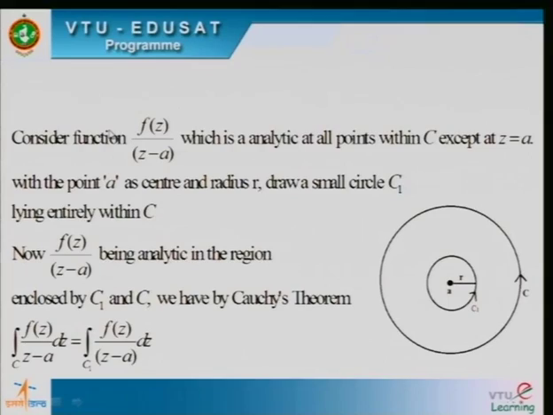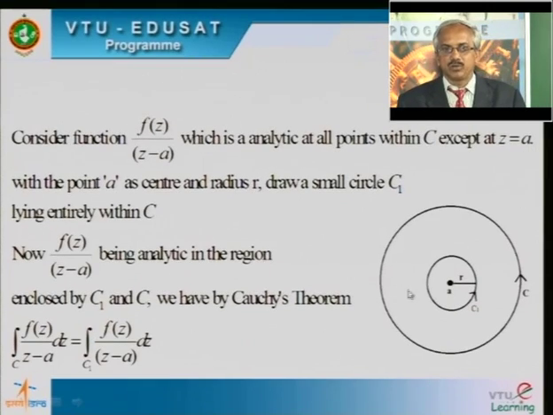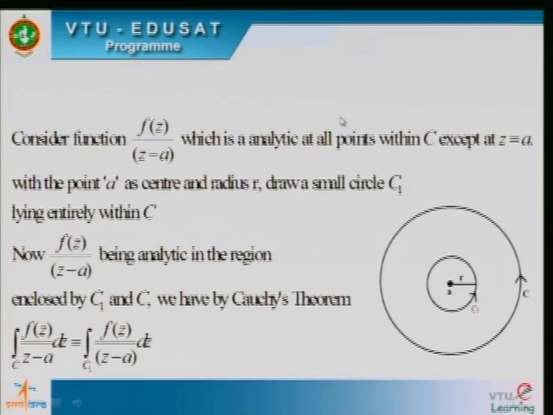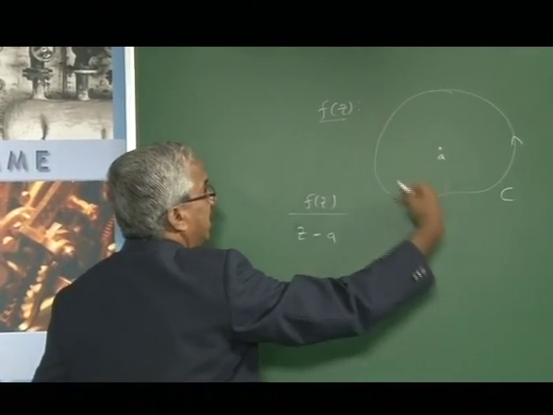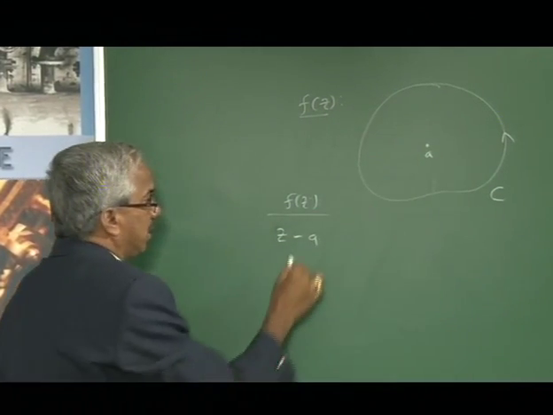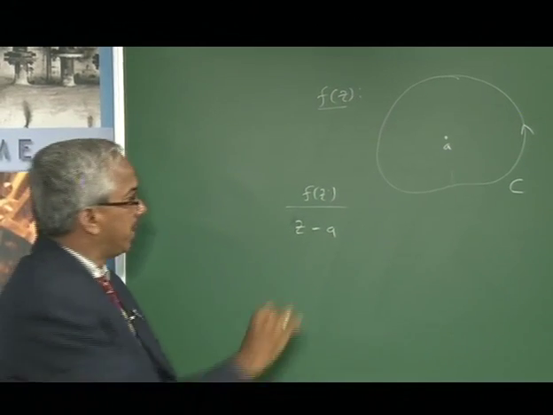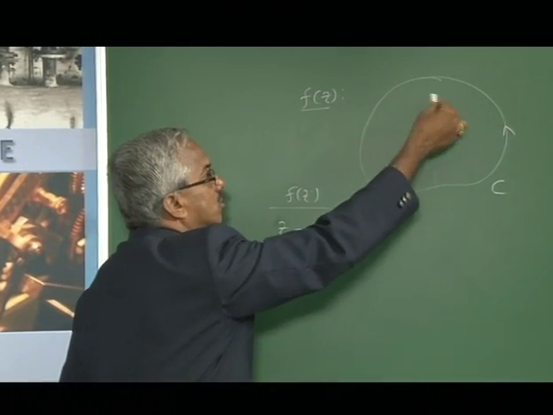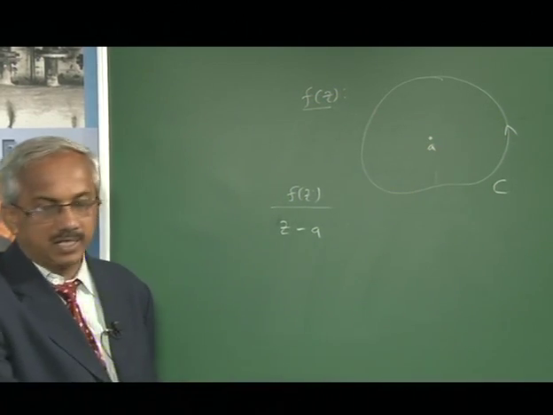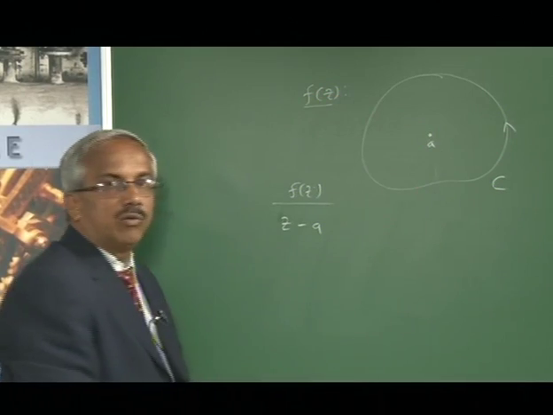Now consider the integrand given in the statement, f of z divided by z minus A, which is analytic at all points within C except at the point z is equal to A. Because f of z is analytic on this curve and also inside it, the ratio f of z divided by z minus A is analytic on the curve and inside the curve, except at this point where the function is not defined. Then the analytic property is violated at this point.